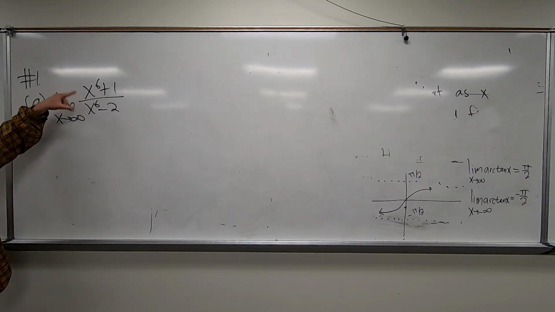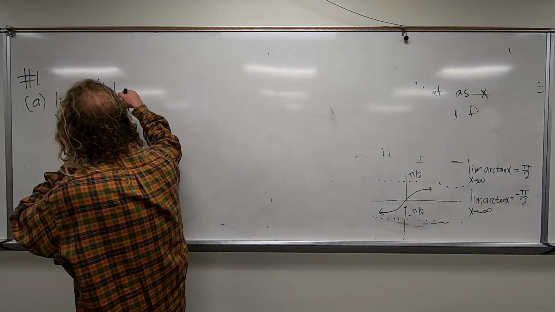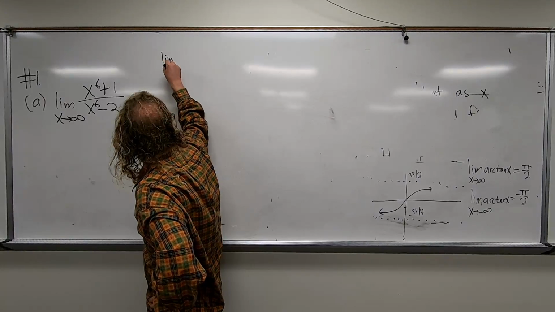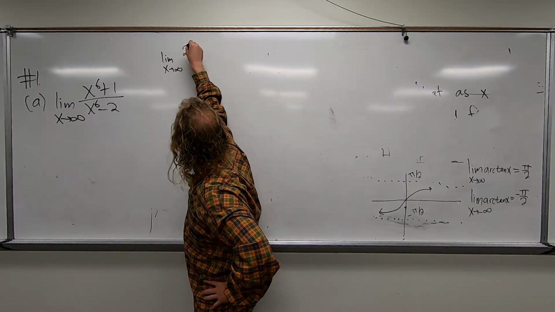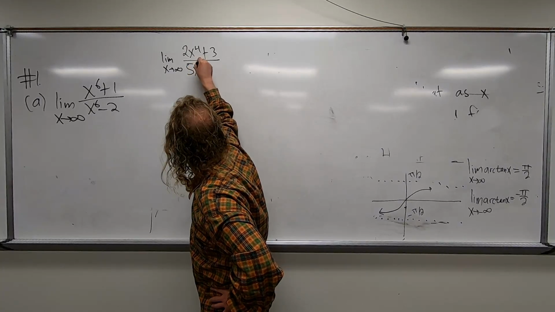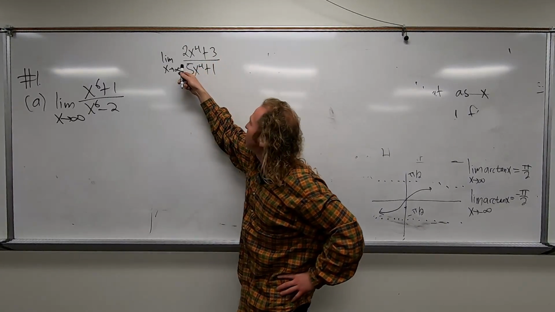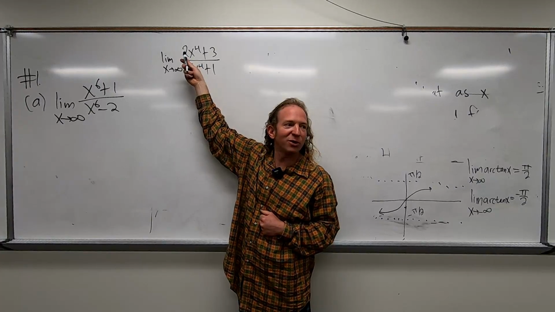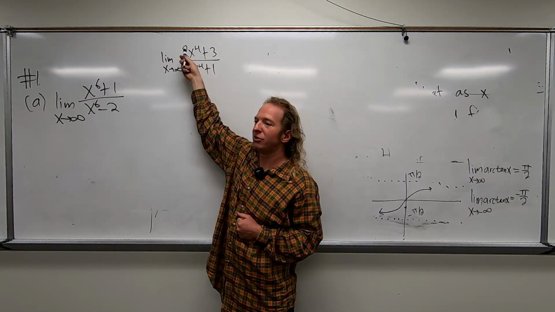So I probably shouldn't have done this as the first example, but do you all know, if you have something like this, 5x to the 4th, do you remember this when you were taking pre-calc? When you're looking for horizontal asymptotes, whenever the degrees are the same, you just divide the numbers.